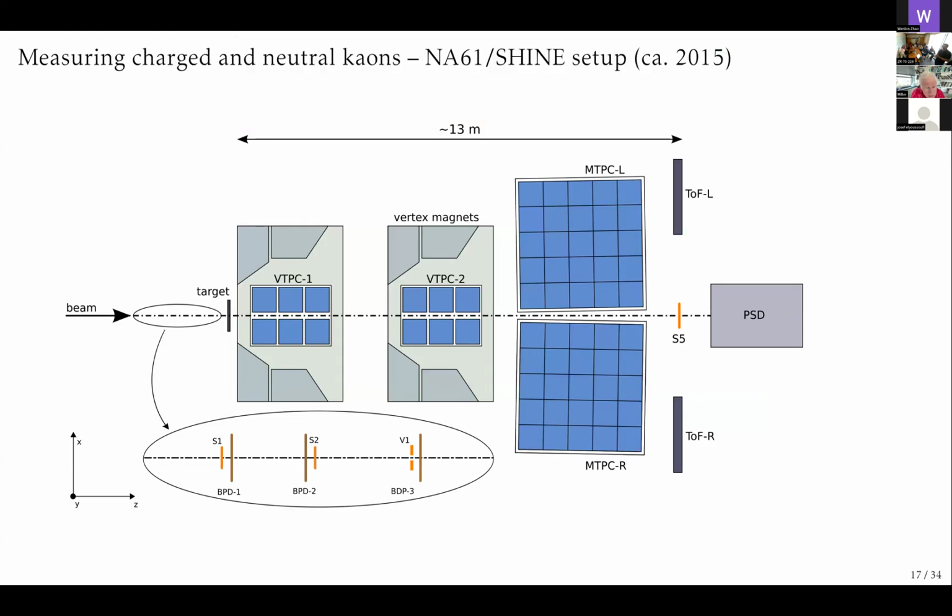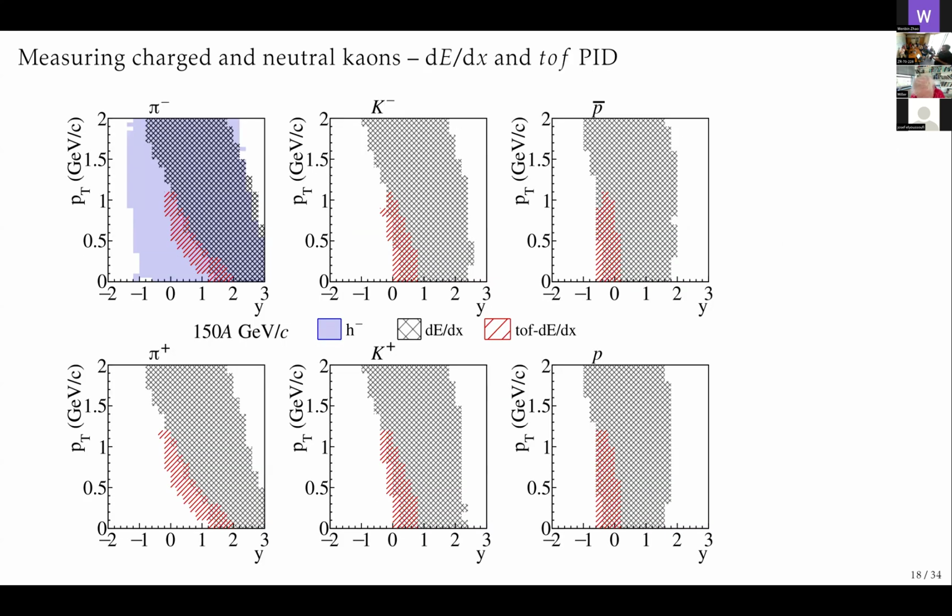Yeah. Right. So this is a detector setup. I don't want to spend time here. One thing maybe to ensure you about the trustworthiness of the experimental results. So we have a couple of PID methods that we can use for the identification of the identified hadrons. Each of them has different acceptance region, but we have overlapping parts, and this way we can verify.